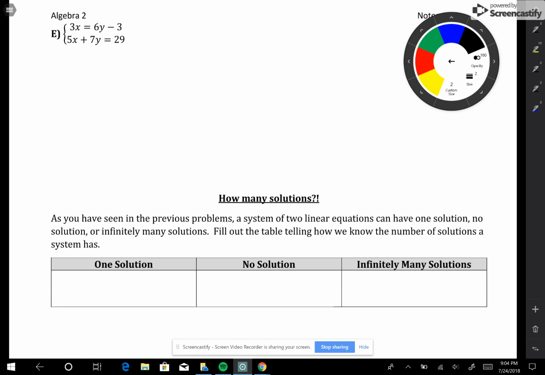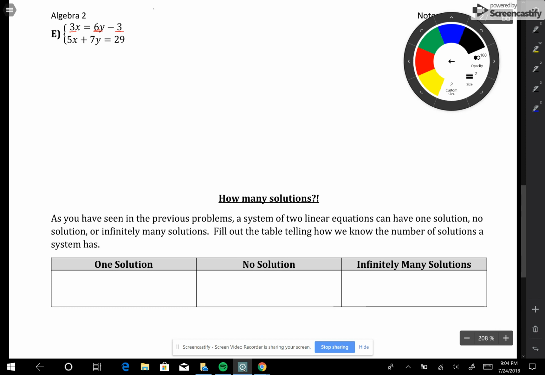Letter E, 3x equals 6y minus 3, 5x plus 7y equals 29. None of these look that awesome to rewrite, but what I do see in the first one is that every term is divisible by 3. So they have a common factor. So what if I just divide all those by 3, because then I could get x by itself.